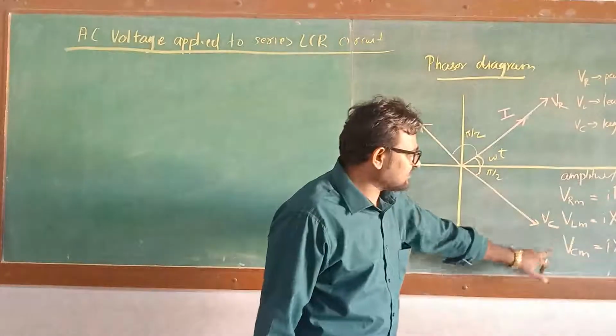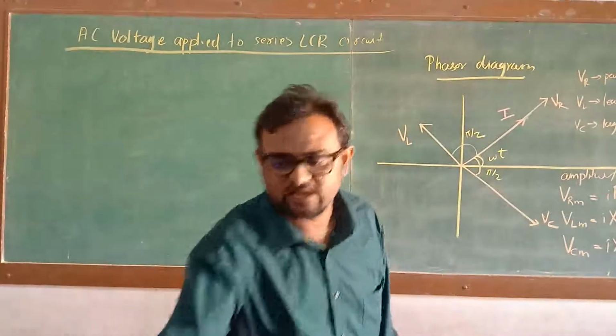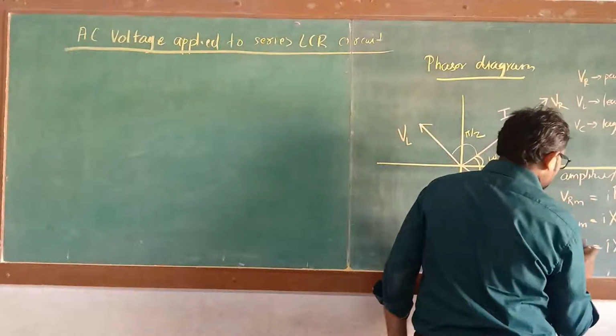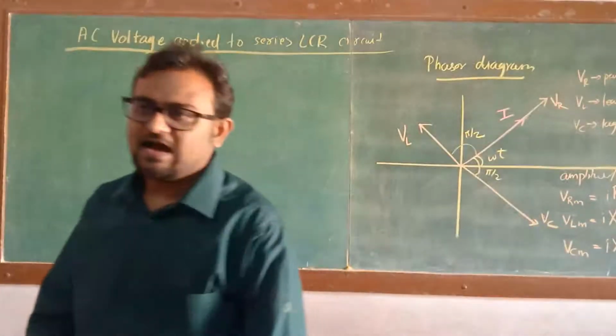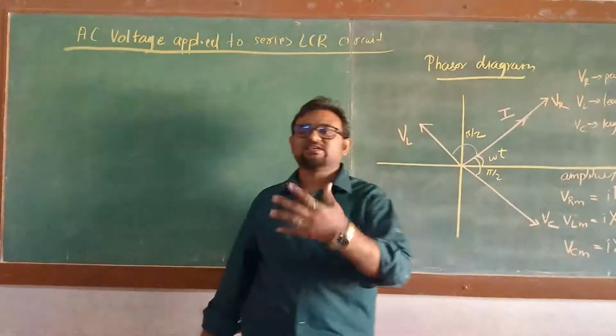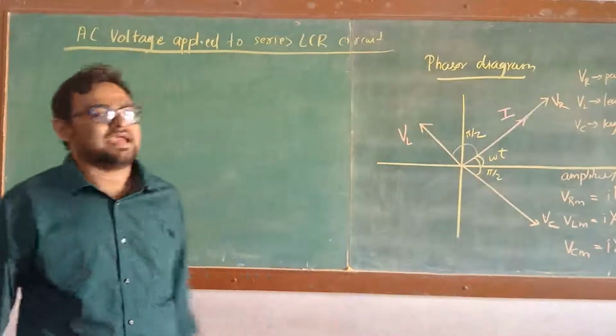So these are the maximum values. R for resistor, L for inductor, C for capacitor, and they represent the maximum value, the amplitude.